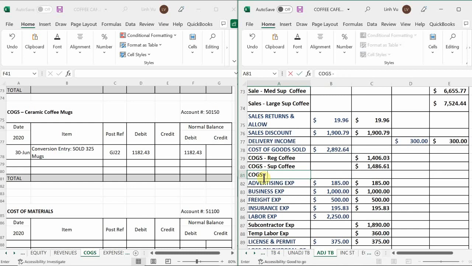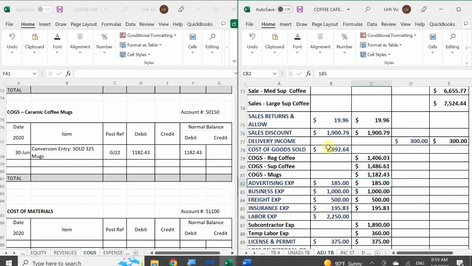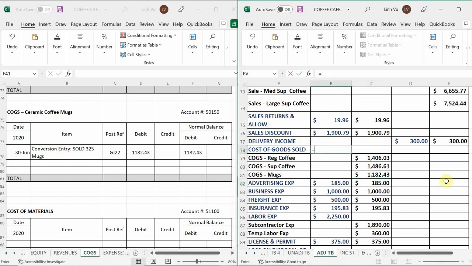Cost of goods sold, I'm going to put mugs. So I have a total of $1,182.43 for my mugs. I need to recalculate this amount because this is part of my cost of goods sold. I've included one more item in my cost of goods sold, so that should change your amount.